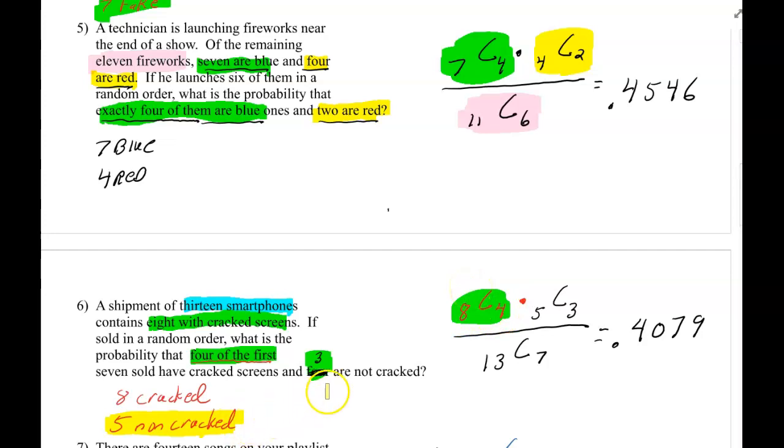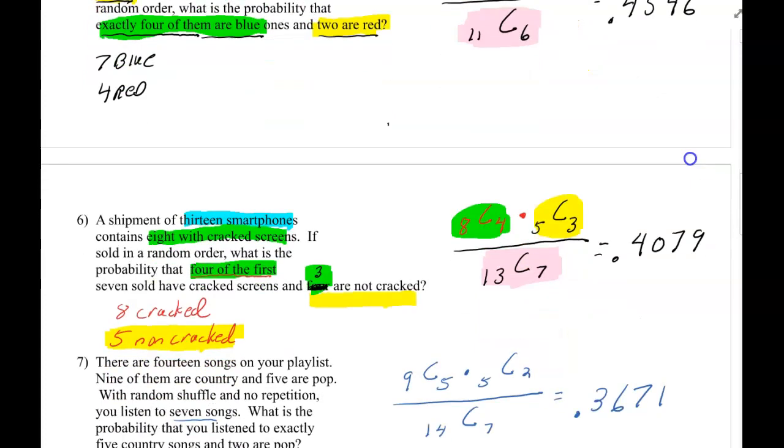And then 3 of them are not cracked. Well, you know that there were 5 non-cracked, so the second part of the numerator would be 5 choose 3. You would multiply those two together and then divide by the total, which is 13 choose 7. There were 13 phones, and you're choosing a group of 7 of them. Final answer, 0.4079.